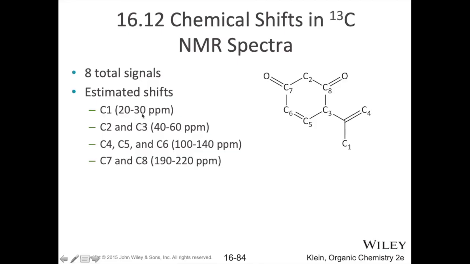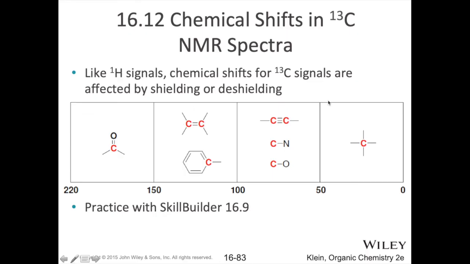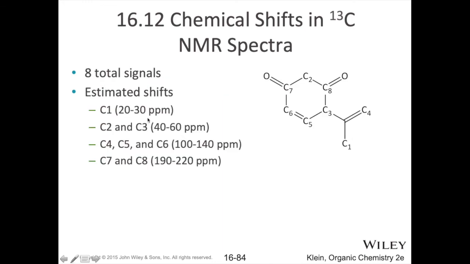This answer key has gone into more detail than I would expect you to figure out from this slide. If you guess somewhere between 0 and 50, that's fine. You don't have to say between 20 and 30. So if you didn't get it narrowed down that far, that's okay. That methyl group is going to show up between 0 and 50.